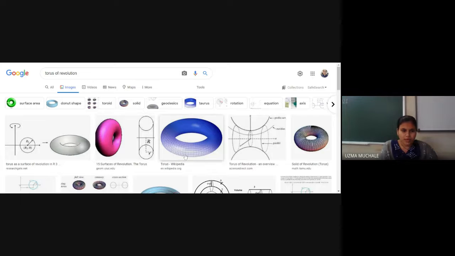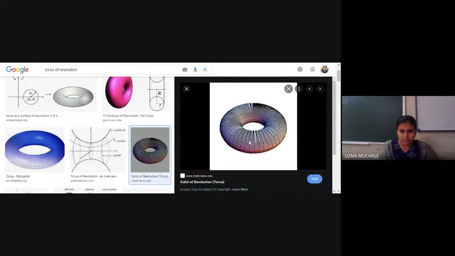It is in the form of a donut itself. This is what a Torus of Revolution is.